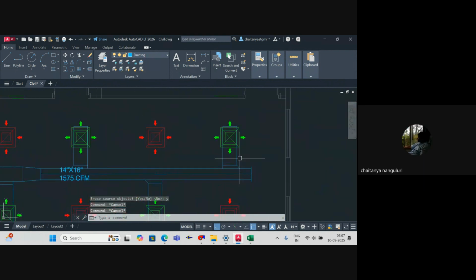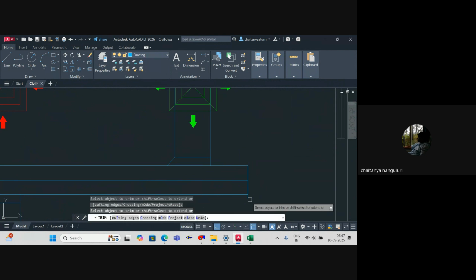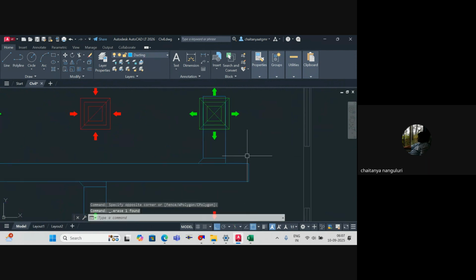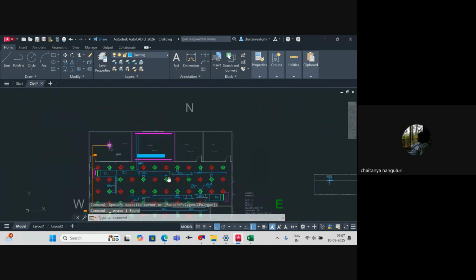Done. Last ones. Done. So this completes our total ducting at this point.